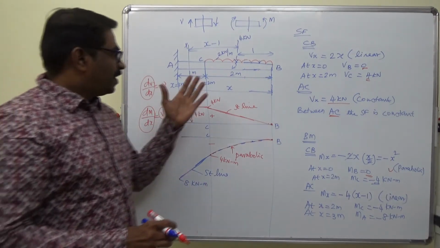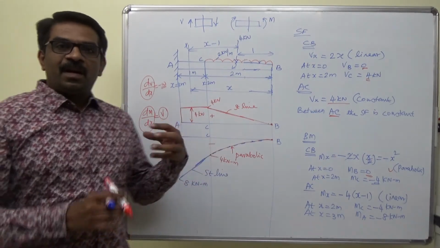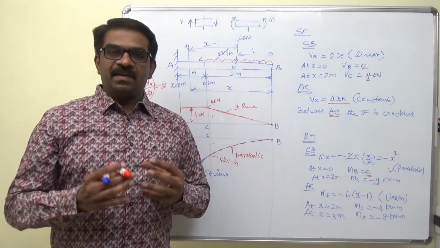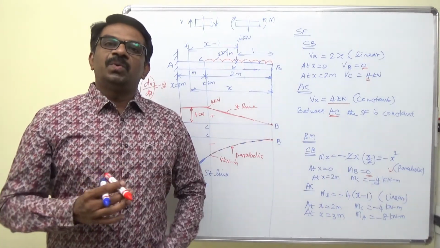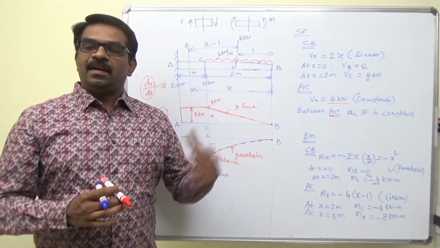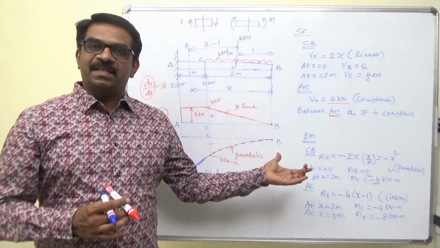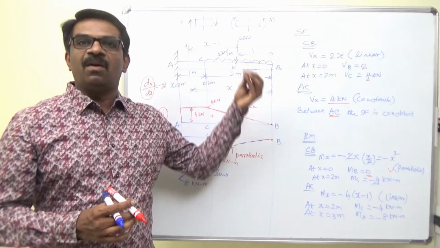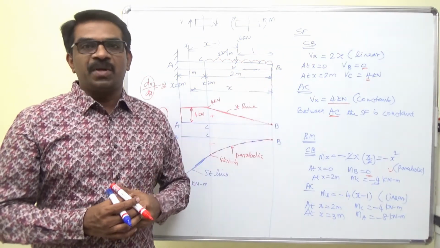I hope you would have understood now how to divide the given beam into segments, how to write the expression for the different segments based on the external force, whether it is point load or distributed load, right?